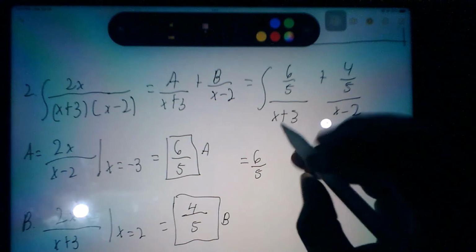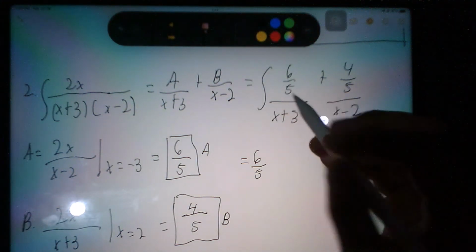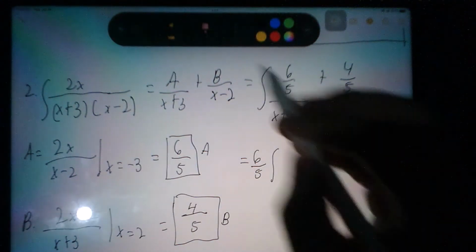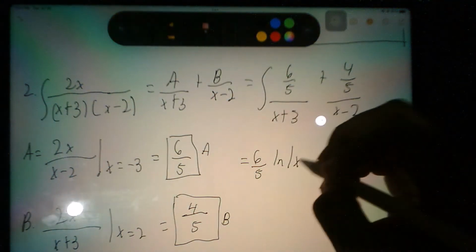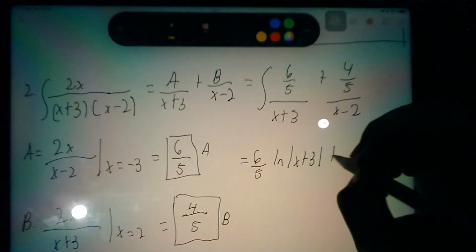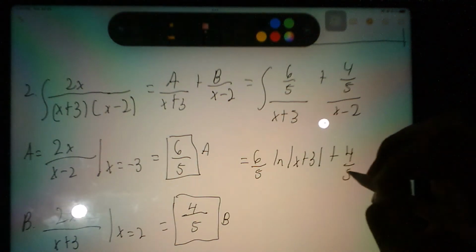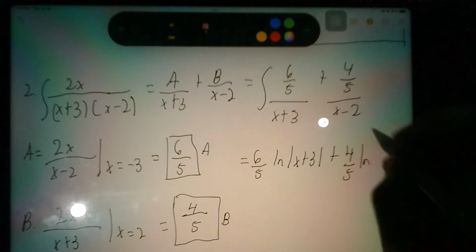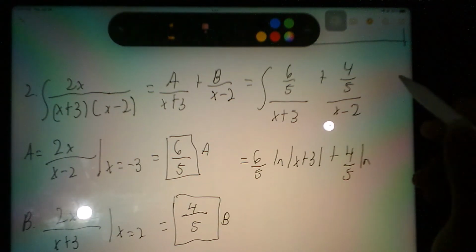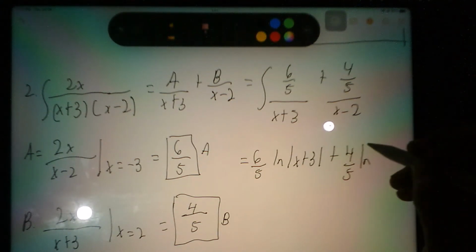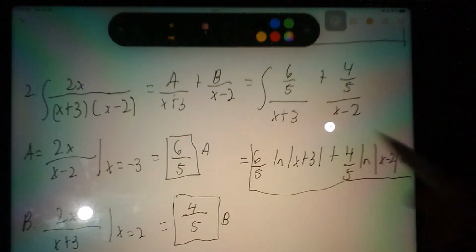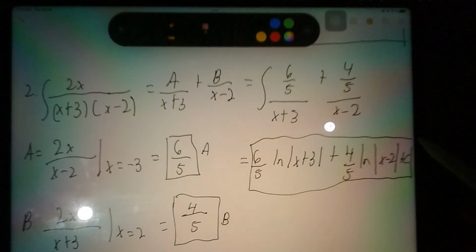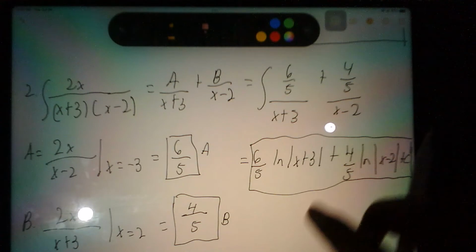We take out the constant, and the integral of 1 over x plus 3 is just ln of x plus 3, plus 4/5, and then 1 over x minus 2 is ln of x minus 2, plus c. This is our answer for problem number 2 under type 1 in partial fractions.